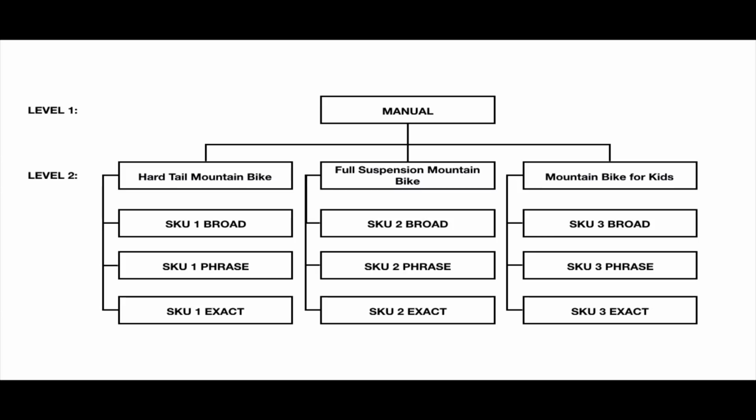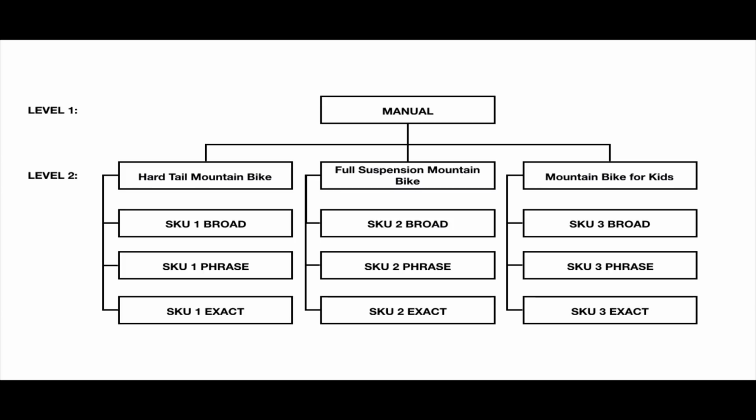A lot of times, even if you have the same product with different variations, maybe a color variation or something, some variations just convert better on a search term than other variations, like hardtail mountain bike, full suspension mountain bike, mountain bike for kids, and so on. Right?